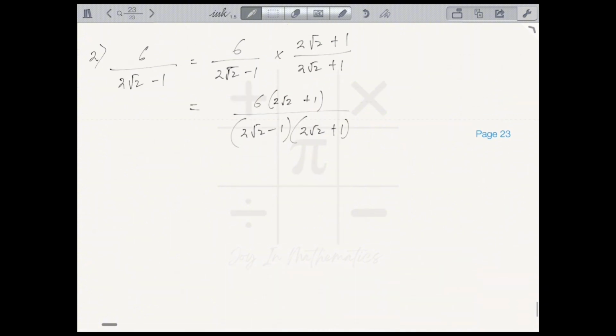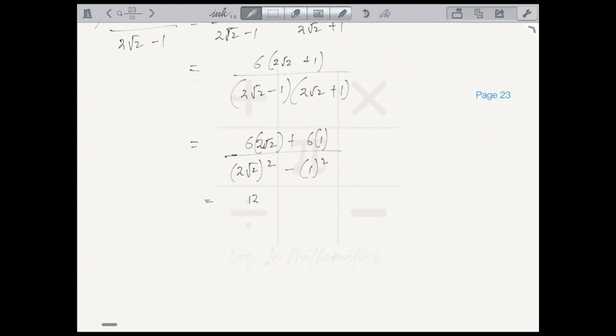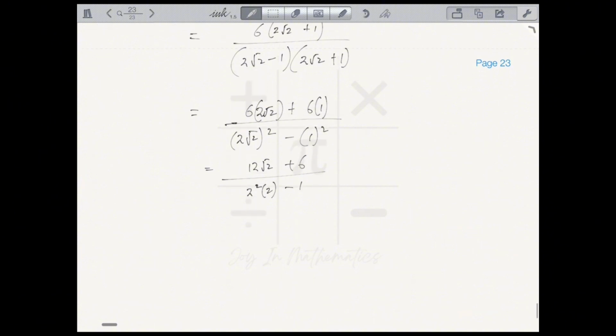We know how the denominator will fall into place, and this will give us 2 root 2 squared. We dealt with a lot of examples in the previous video. The numerator will result into 6 into 2 root 2 plus 6 into 1, so the numerator becomes 12 root 2 plus 6, and the denominator will be 2 squared multiplied by 2 minus 1.